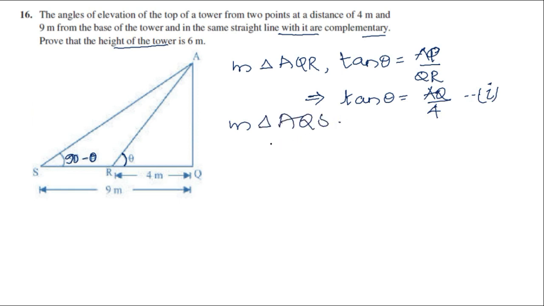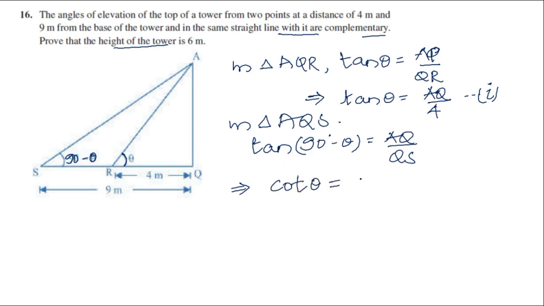In triangle AQS, what is tan of 90 degrees minus theta? This will be equal to AQ upon QS. We all have learned the complementary relation. Tan of 90 degrees minus theta is given as cot theta, cotangent theta, which is equal to AQ by 9. Let me name this as equation number 2.